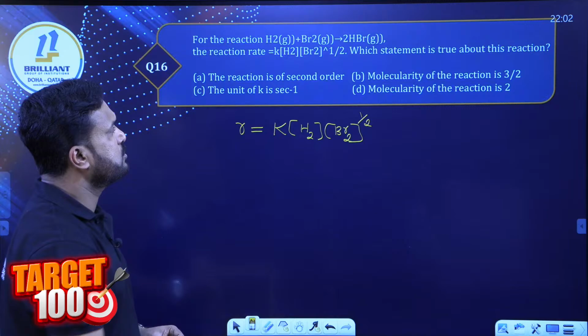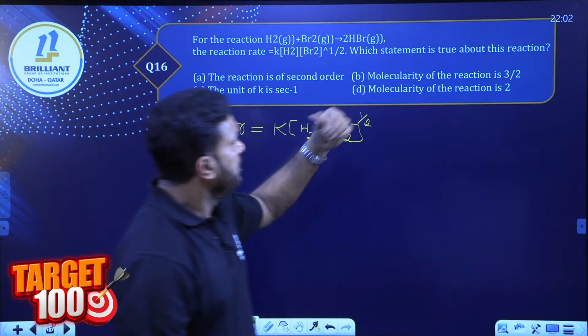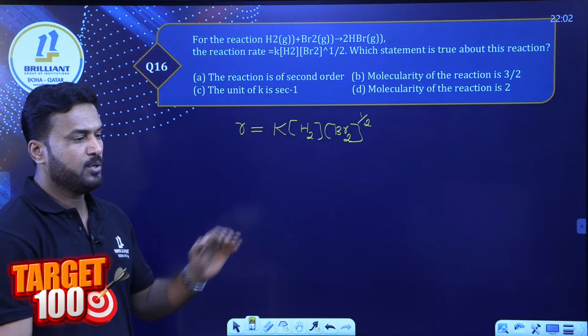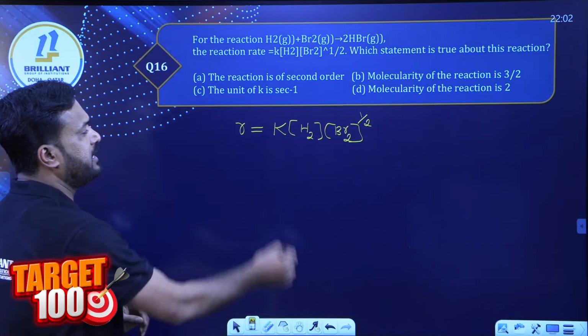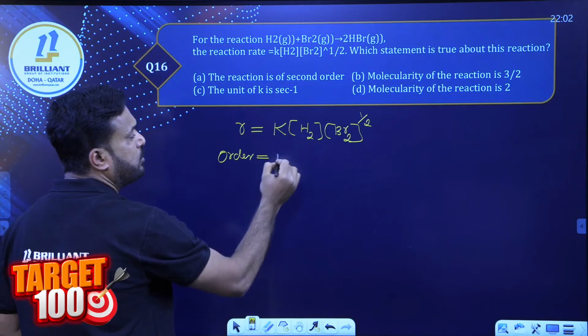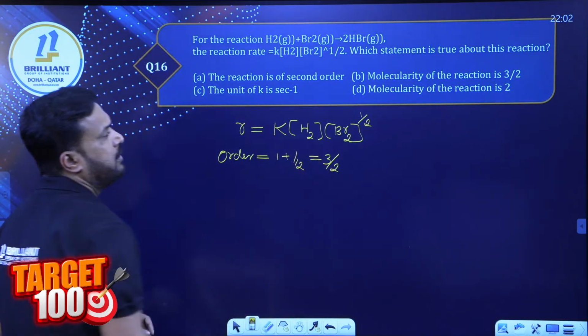So which statement is true about this reaction? Here order can be written as 1 plus 1 by 2, anyway that is 3 by 2 order.